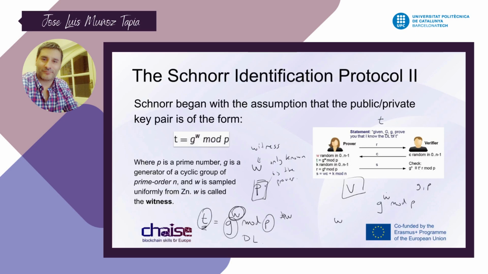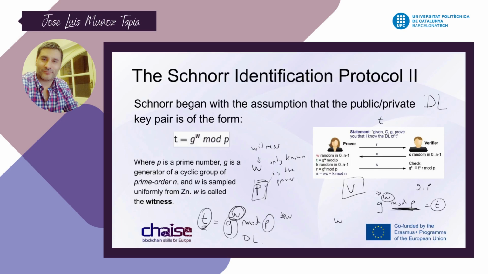So if I know W, I can take G, raise it to W, and then take modulo P and compute T. But the other way around is impossible. If I give you T, it is not possible that you compute this W, because there is a modulo operation here that makes this very difficult. In fact, it is one of the general problems that we consider in cryptography, which is called the discrete logarithm problem.